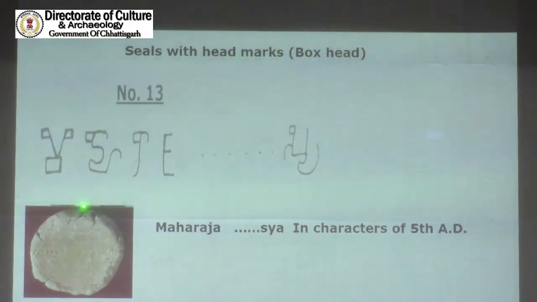Ja, of course, occurs in both because the seal is highly worn out. We can't make out much from this, but I have taken it to the 1st century, even the 5th century, common era.